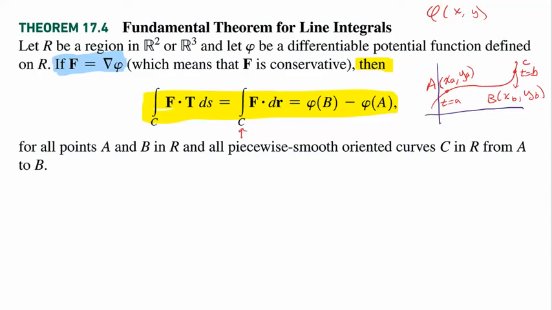So let's start with what we are given. Okay, so we're given that f is conservative, equal to the gradient of phi. So let's say phi is some function of x and y.